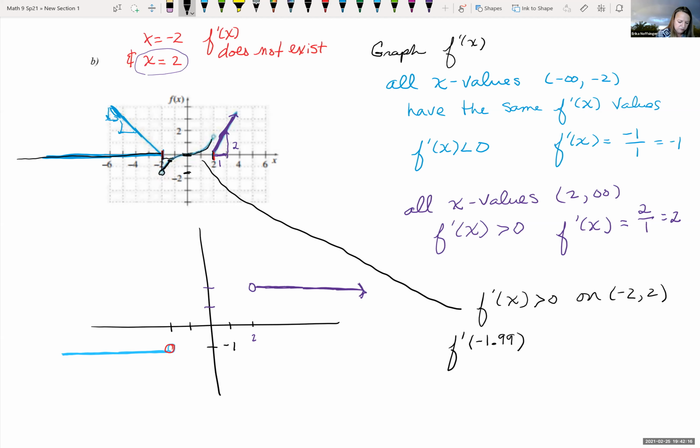That looks like a slope of 1. So from -2, I'm going to start with 1. It looks like I have a slope of 1.